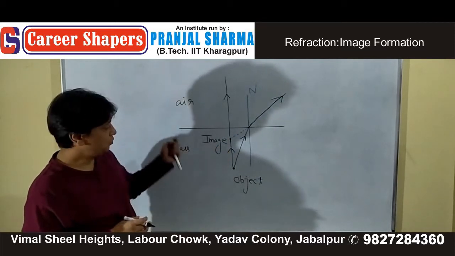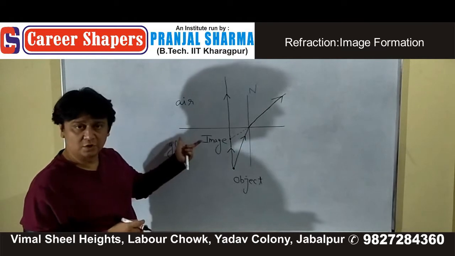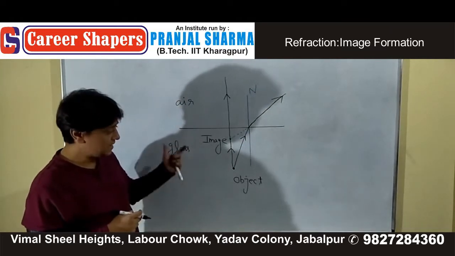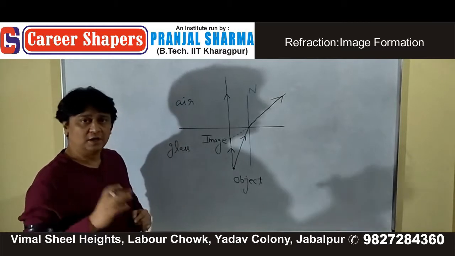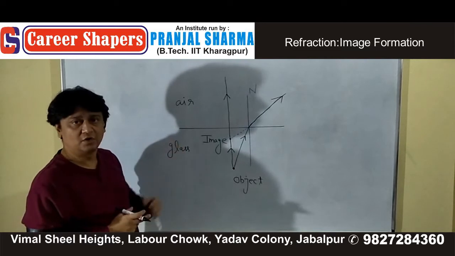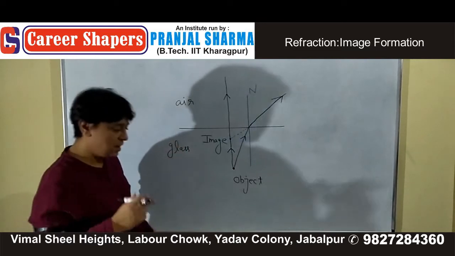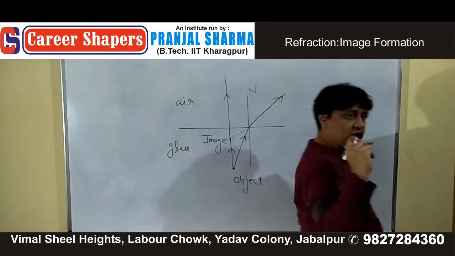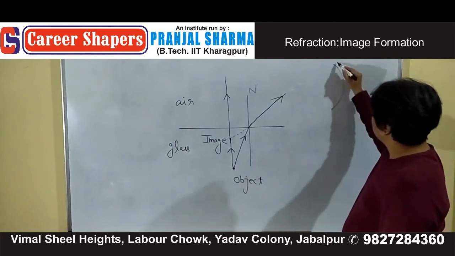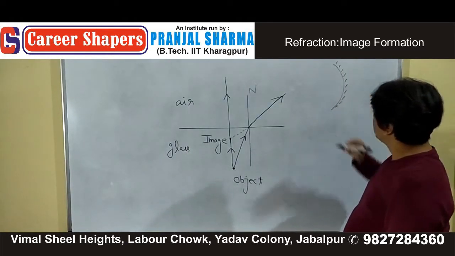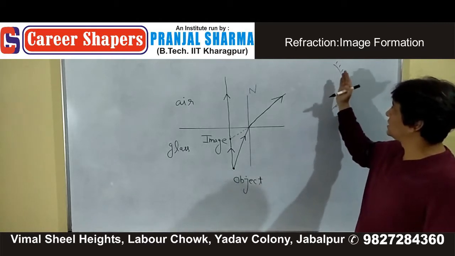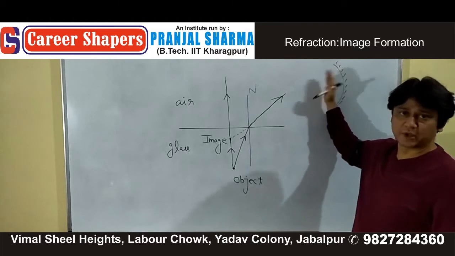Now, what is this image? Who is seeing this image? Who can see the object? These are the things which matter a lot in refraction. In reflection, observer was present always in front of the mirror.